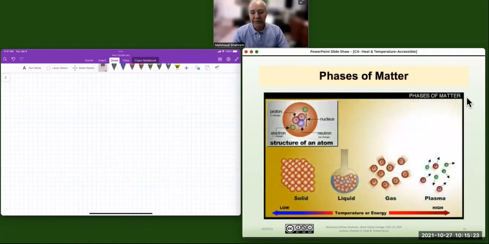So in a nutshell, phases of matter happen as a result of temperature change. Of course, pressure is also a factor, but right now we say at a given pressure, if you increase the temperature, you gradually make the molecules and atoms vibrate more and more, and they need more room because they start moving faster and elbow each other away, so they expand and form a gas or a plasma from a liquid.